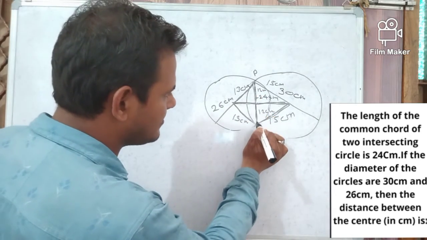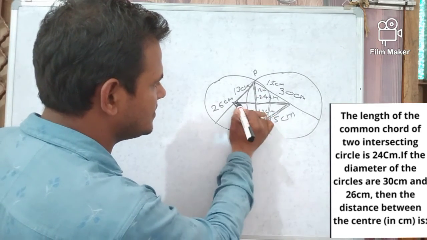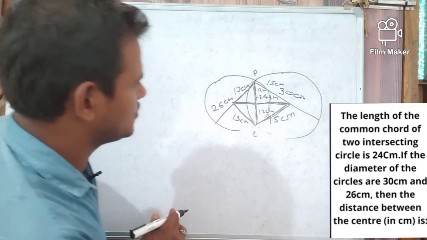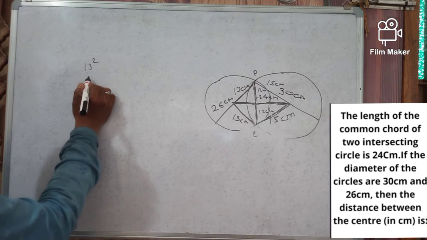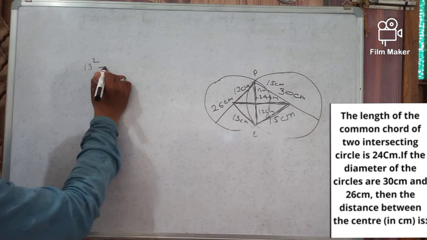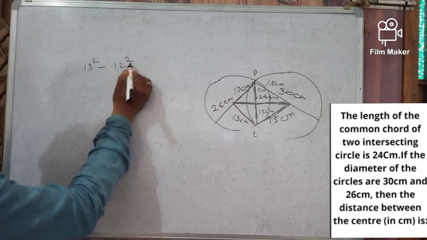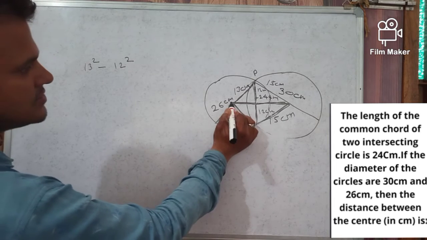So we have this and this, we need this, so use the Pythagorean theorem. 13 square minus 12 square will be this line.